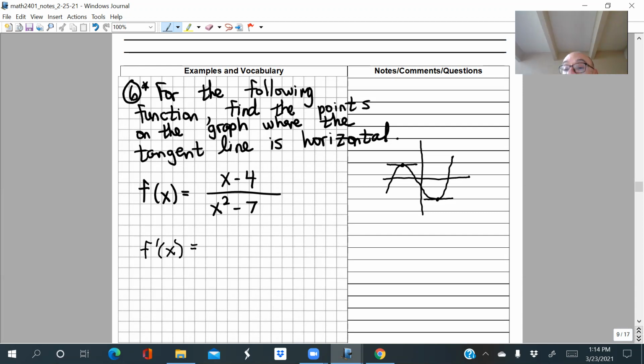We're going to use the quotient rule to find the derivative. And then once we find that derivative, we're going to set it to 0 so we can figure out where the derivative is 0. In other words, where the slope of the tangent line is 0, or where the tangent line is horizontal. So that's how we're going to find those turning points, which are very hard to see on the graph.